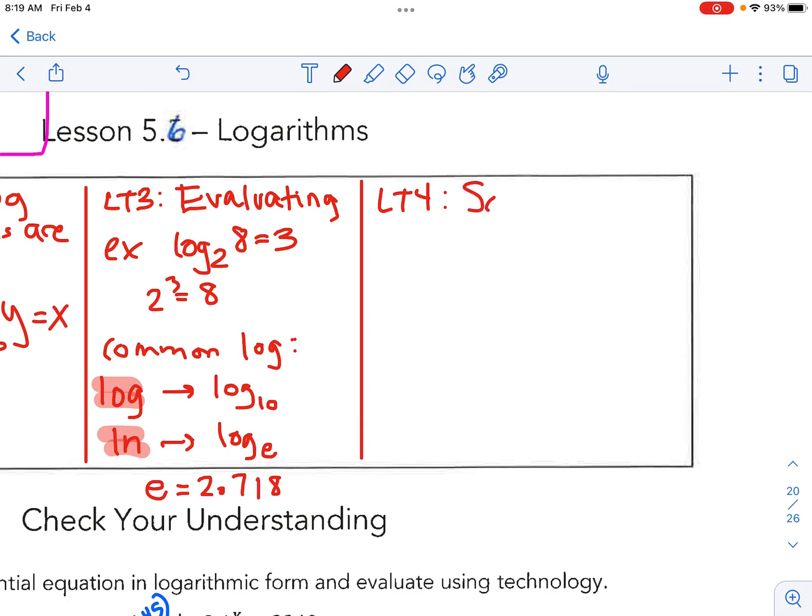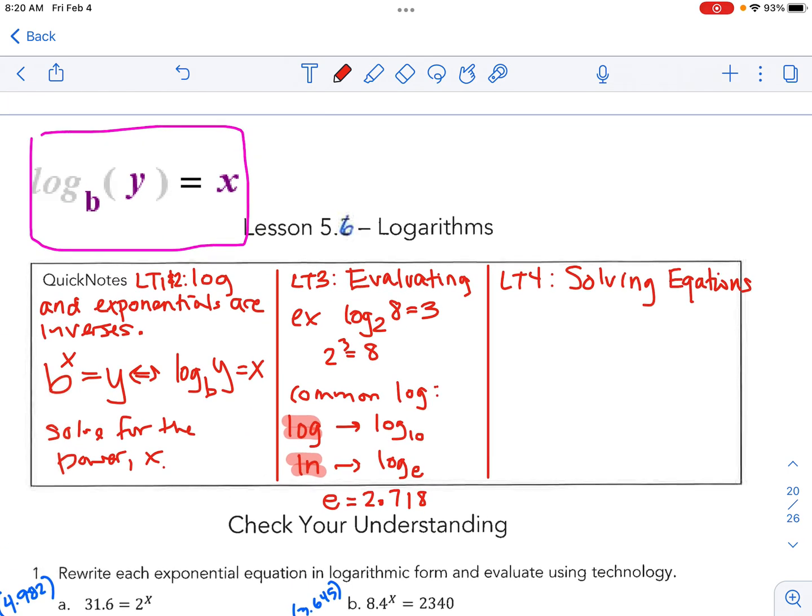And then the last learning target, learning target 4, is solving equations. This involves the rearranging that we do with the exponential expression.